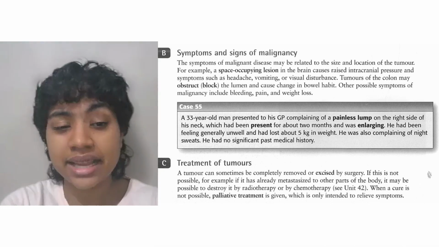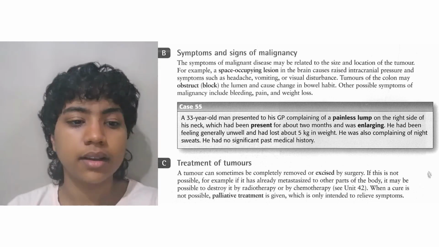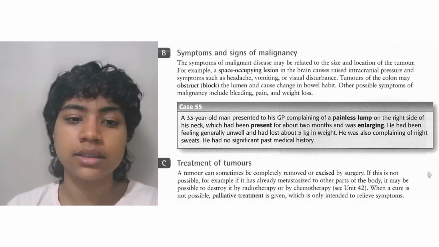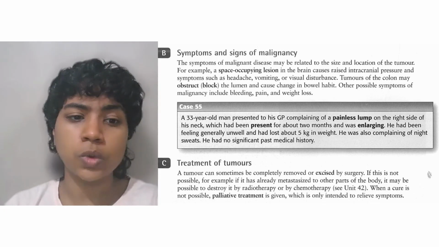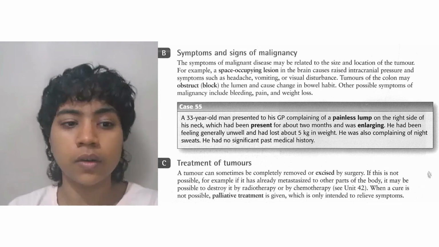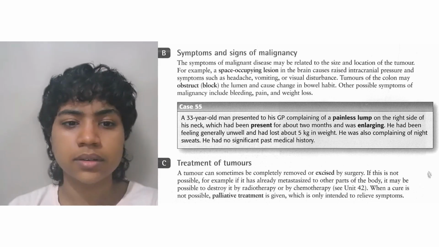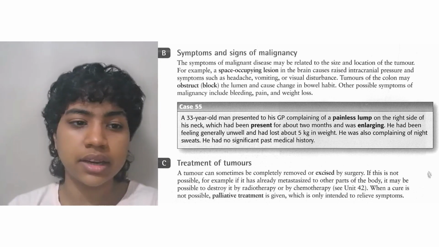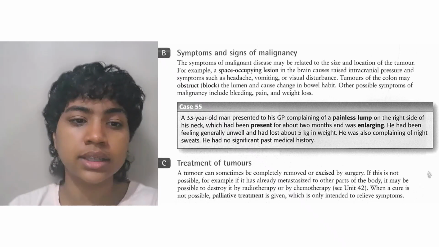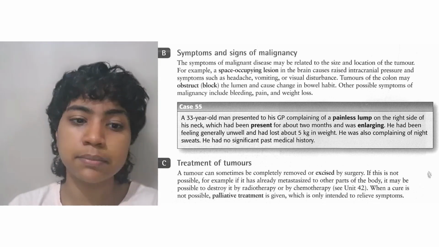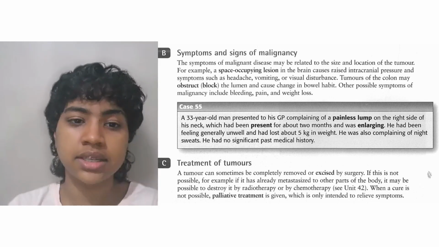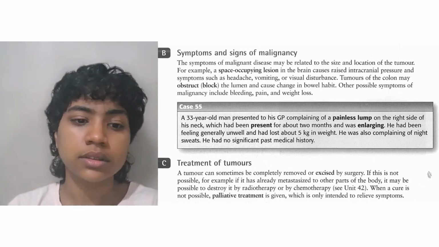Symptoms and signs of malignancy. The symptoms of malignant disease may be related to the size and location of the tumor. For example, a space occupying lesion in the brain causes raised intracranial pressure and symptoms such as headache, vomiting, or visual disturbance.